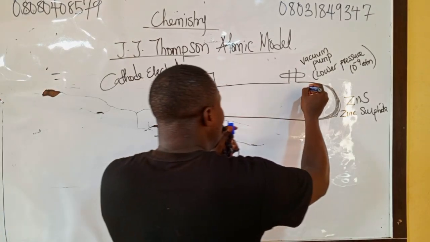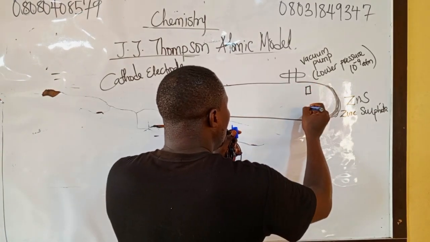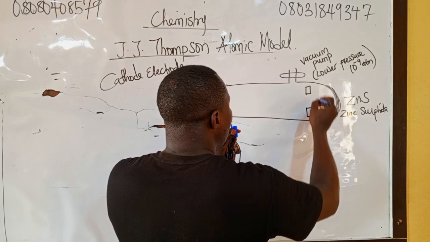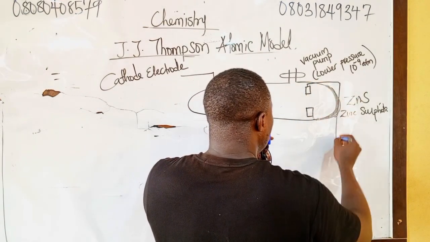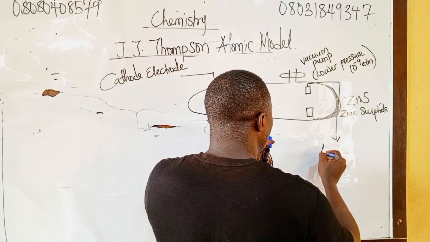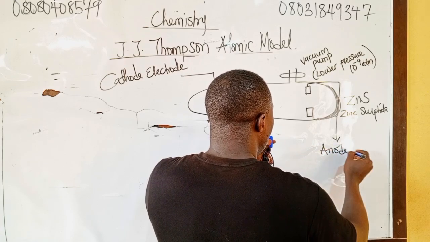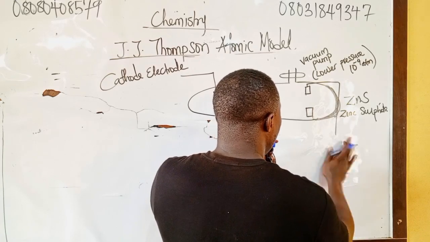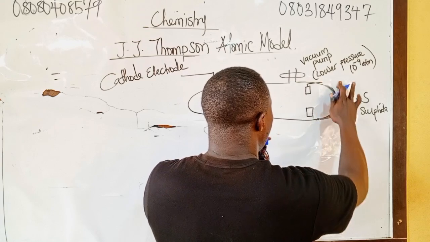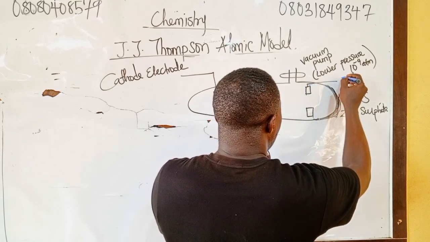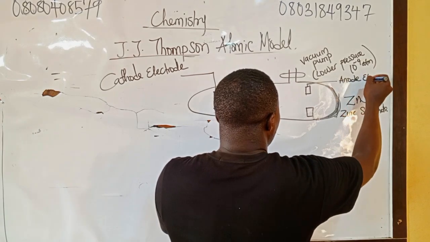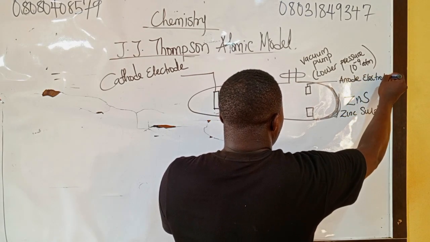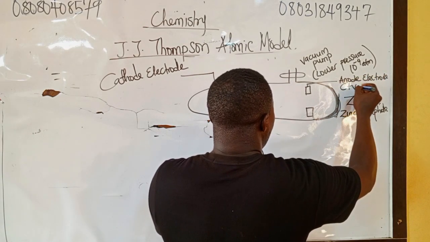Then on the other side, we have the anode electrode. That is the positive electrode.